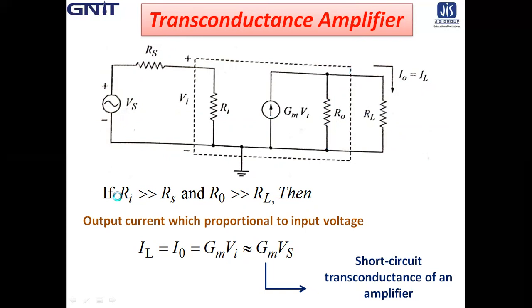Now, if Ri is much higher than Rs and R0 is much higher than RL, then the amplifier is called a transconductance amplifier, as it provides an output current which is proportional to the input voltage.